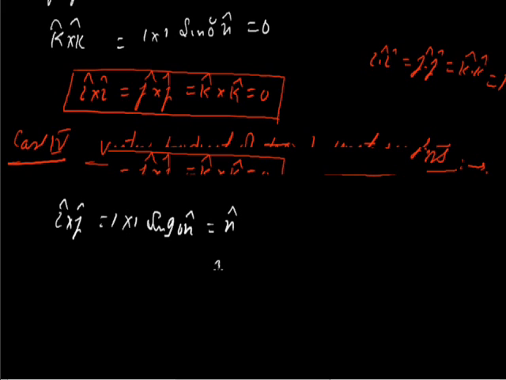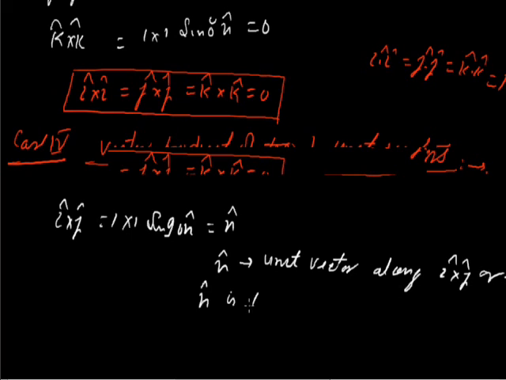Here n cap is the unit vector along i cross j, or we can say n cap is perpendicular to the plane of i and j, that's the k axis.